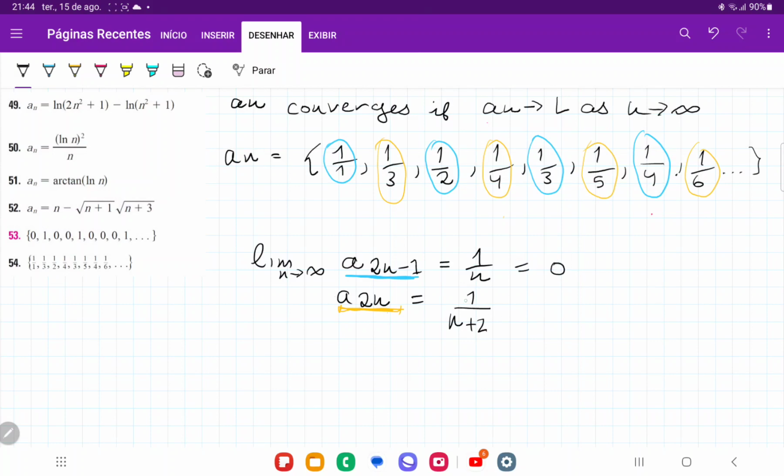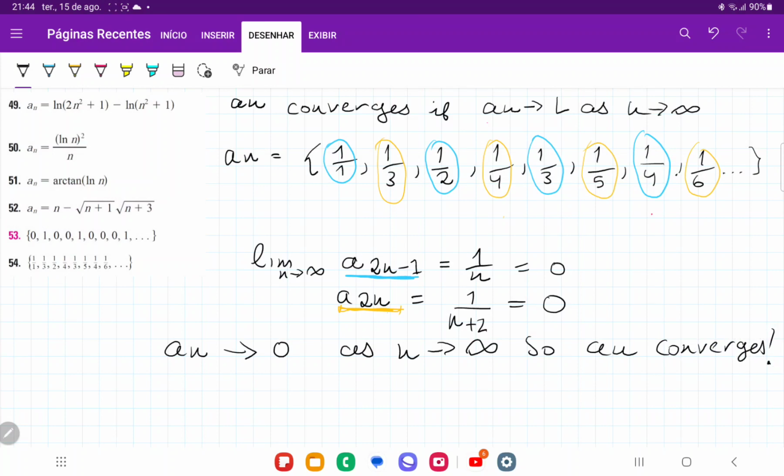For the second one, it's 1 divided by infinity plus 2, which is also equal to 0. So I've shown that in both the cases of the odd and the even indexes, both limits tend to 0. So a_n tends to 0 as n approaches infinity, so a_n converges. And that is it for number 54.